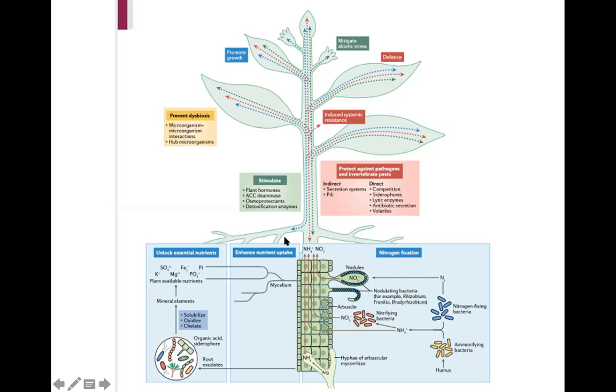So a large proportion of the carbon containing compounds, about 40%, are released through the root to the microorganisms they are inhabiting in the rhizosphere. So rhizosphere is the rich niche of microorganisms.